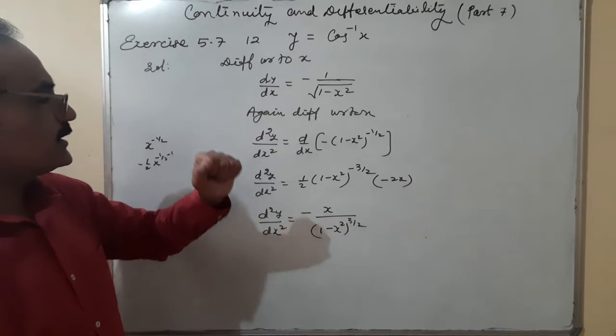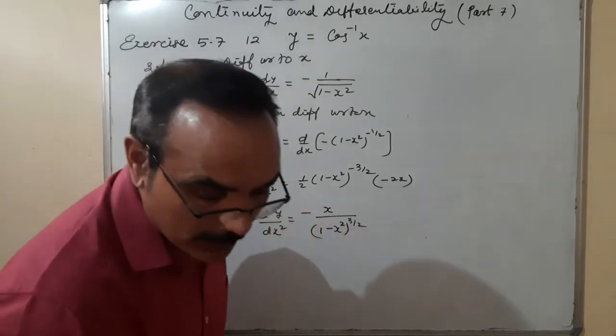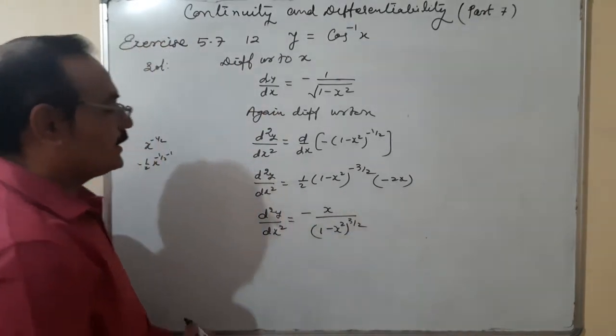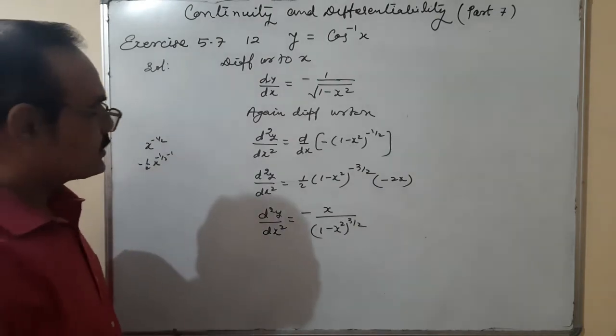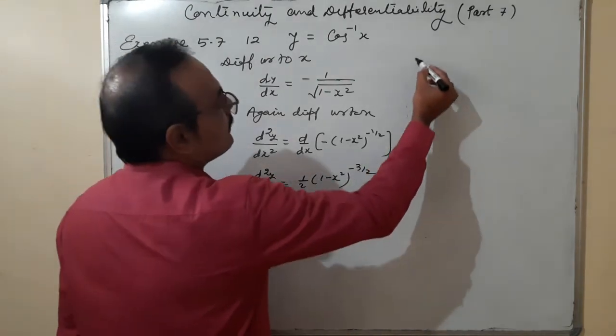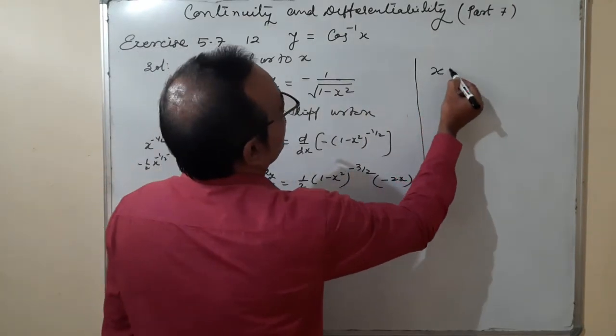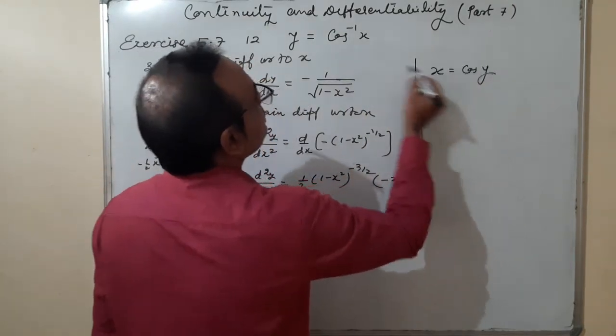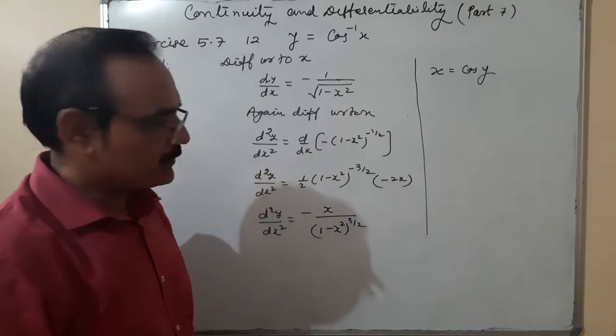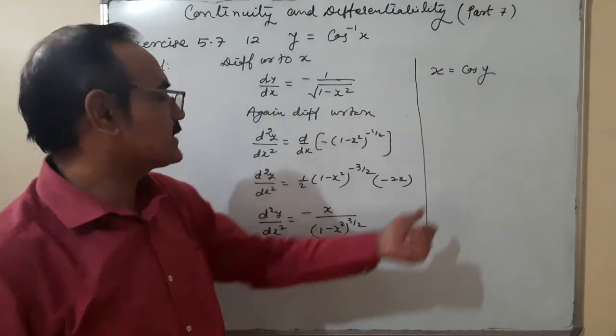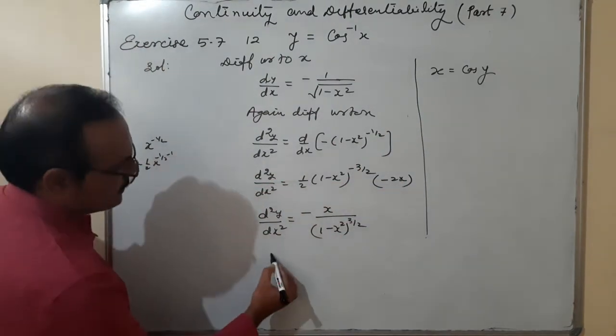In the question they are saying d square y by dx square in terms of y alone. Since y is equal to cos inverse x, therefore x is equal to cos y, by the inverse trigonometric relation. So in place of x I can put cos y.